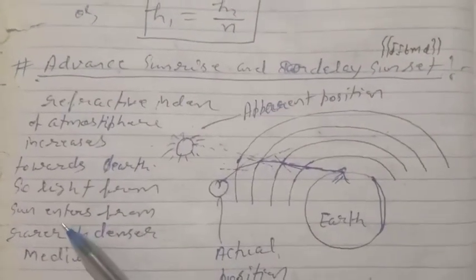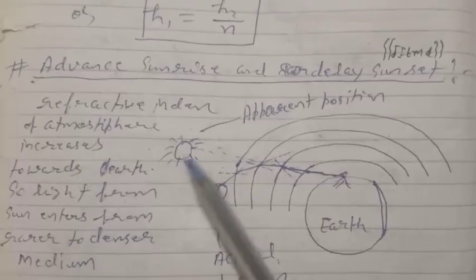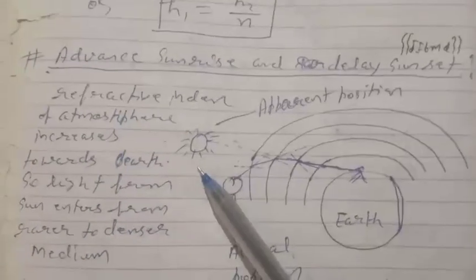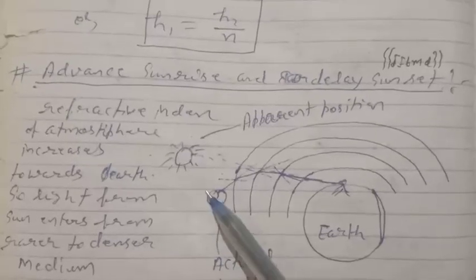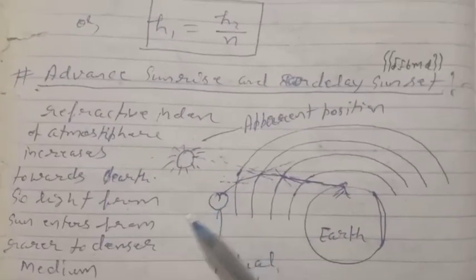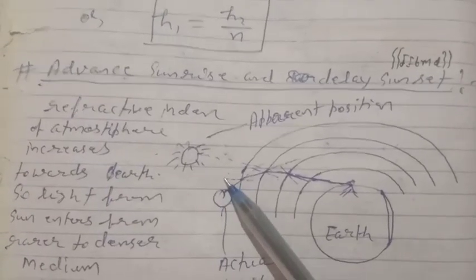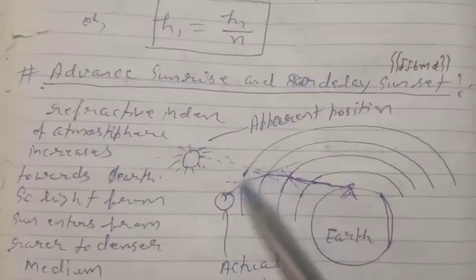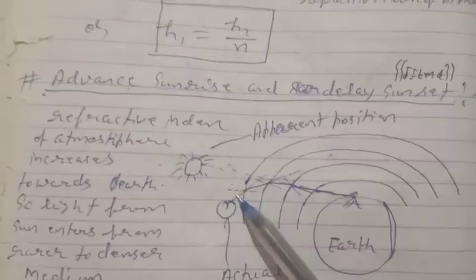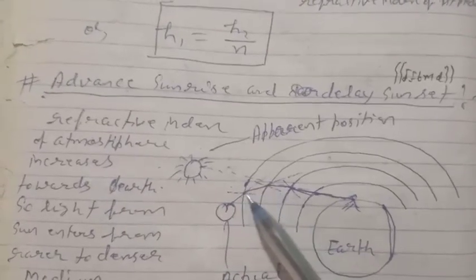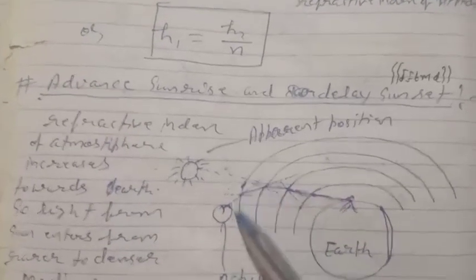So light from the sunrise enters from rarer to denser medium at every point. So when light is coming from the sun, it is entering from rarer to denser medium, so it always bends towards the normal. Here, this is the normal for this layer.